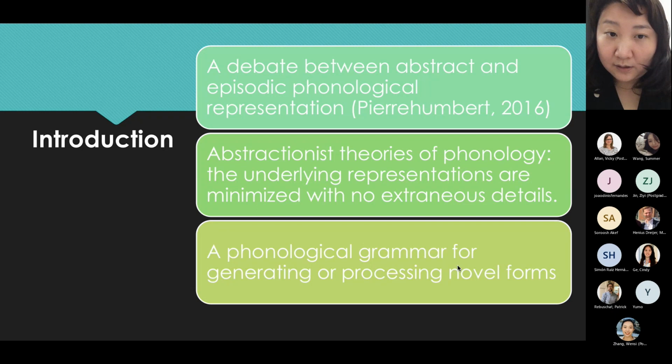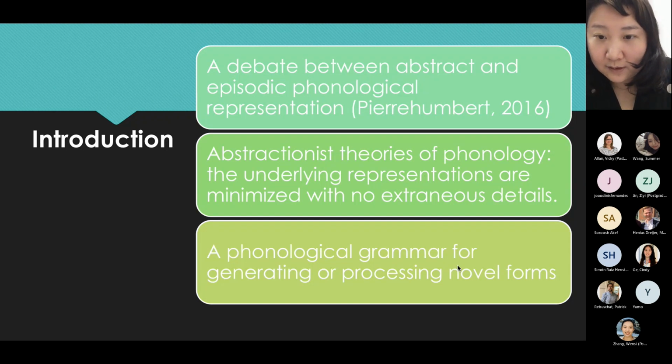For the abstractionist theories of phonology, researchers believe that the underlying representations are actually minimized, so they don't have a lot of details, and the phonological grammar can generate new kinds of forms.